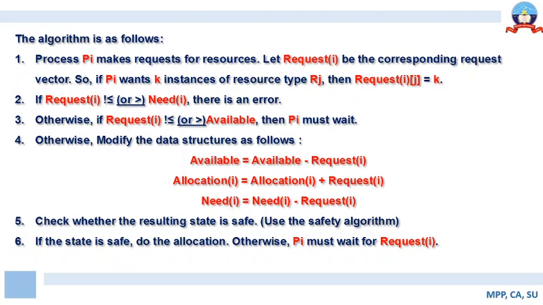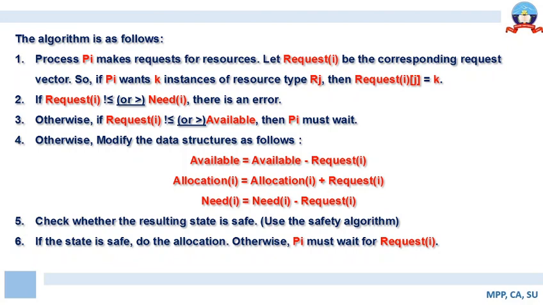If Pi wants k instances of resource Rj, then Request i j will have an entry k. That is the way the representation is made, or the way the interpretation is done.